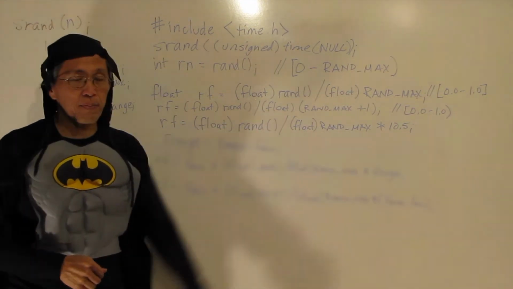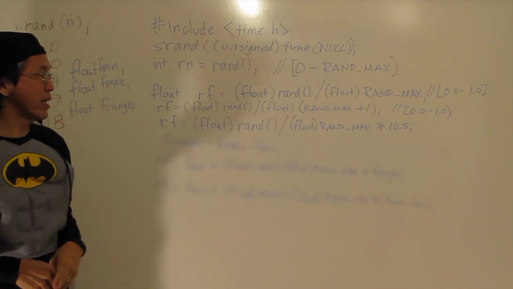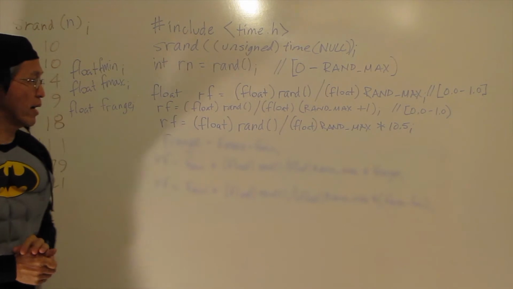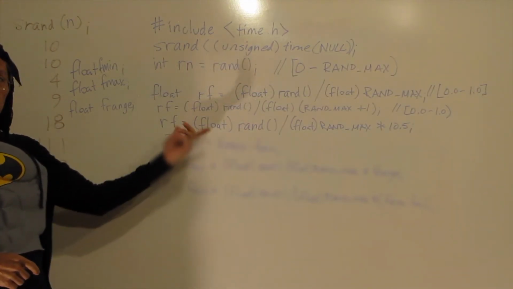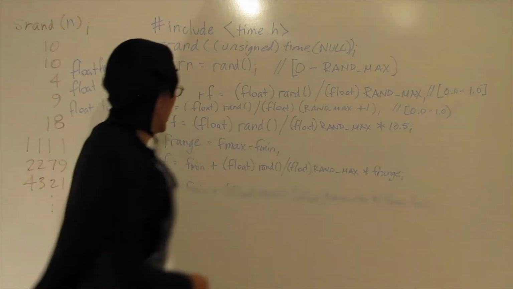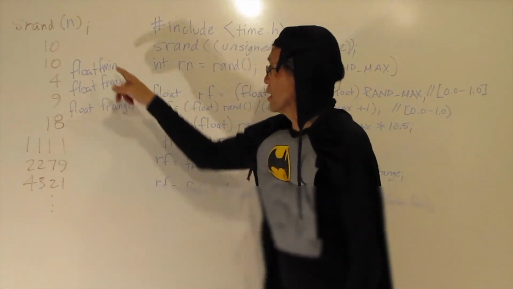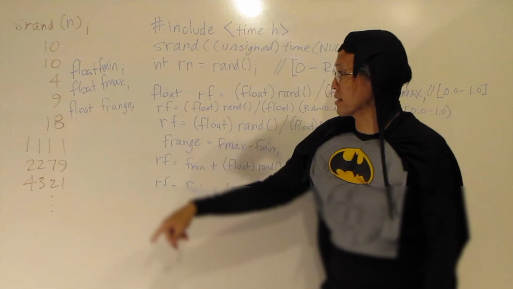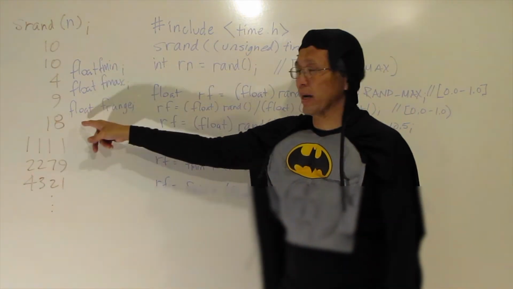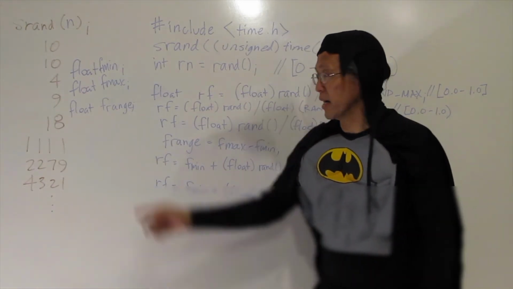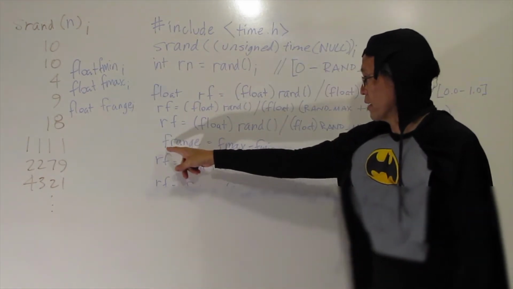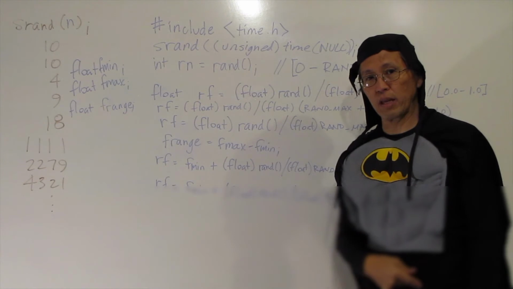This is an example I use in my book, and then I probably should go on and explain a little bit more. Let's go a little bit farther than that. If I want to have a random number between some range of numbers, I have over here, I created these float min and float max, f min and f max, and float f range. Now, if I want to have numbers between a certain range, I can make that range f max minus f min.